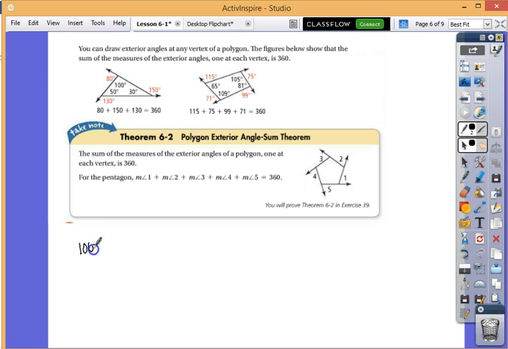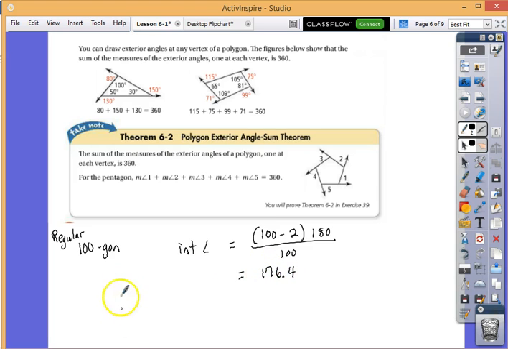For example, if we had a 100-gon and we knew it was regular, its interior angle would equal 100 minus 2 times 180 divided by 100. So that would actually come out to be 176.4 degrees.